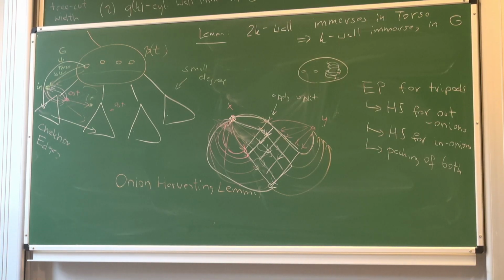I wanted to avoid stating this lemma, but it is published, and it is like 12 or something pages of proof. So this is complex, and I think it is the only place where we have a non-elementary dependence in our proof.